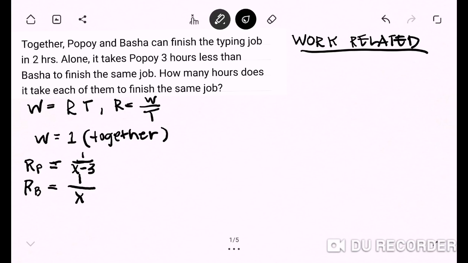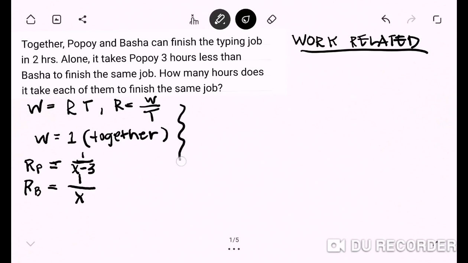So kung si Basha ay nagtatrabaho within 10 hours, mas mabilis si Popoy ng 3 hours. So yung 10 hours bawasan natin ng 3. So that is 7 hours. So tandaan natin yun, classmate, ano? Yun yung mga importanteng details in order for us to work with this kind of problem. And then, pwede na nating isolve yung problem.